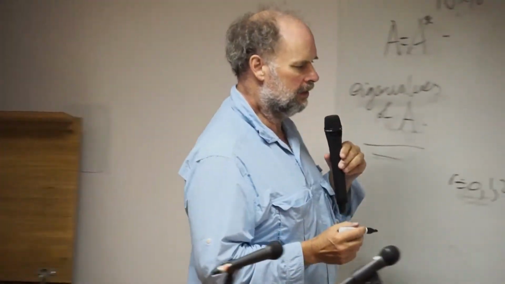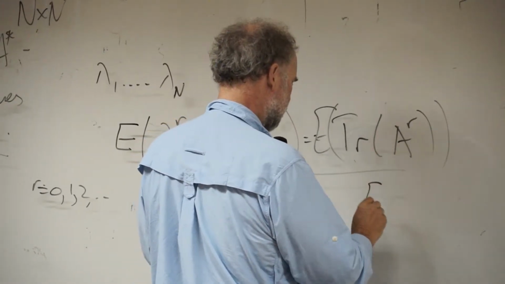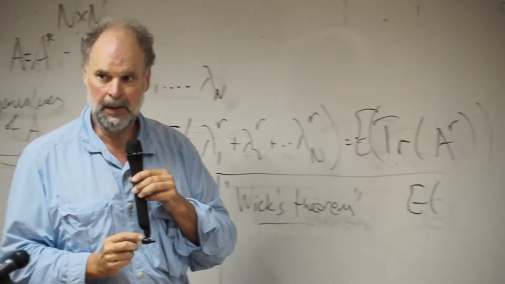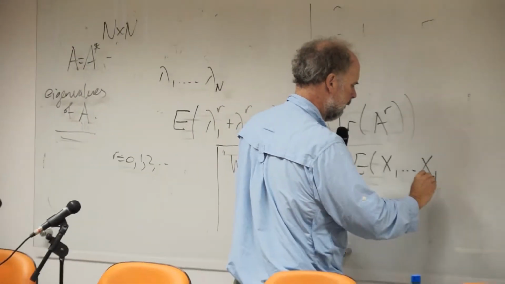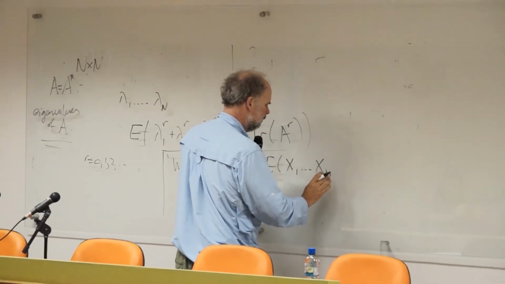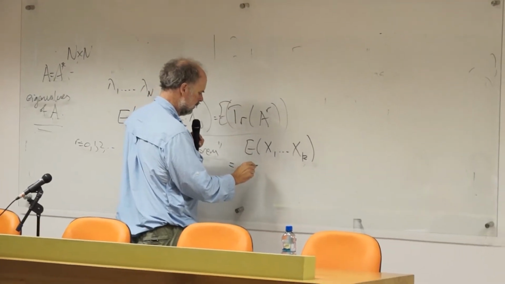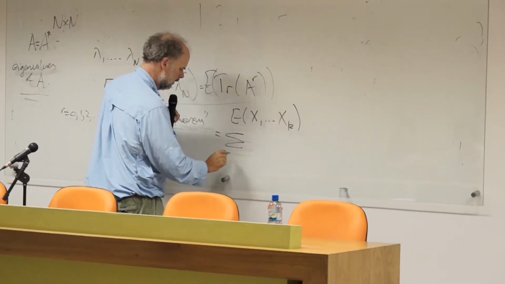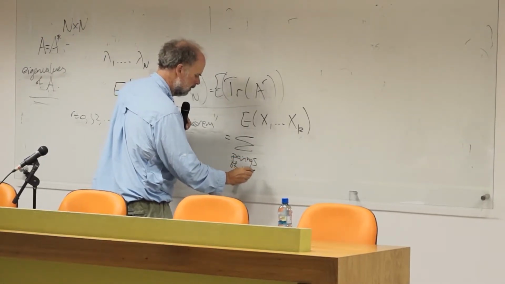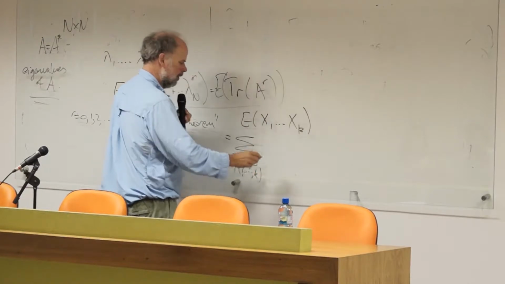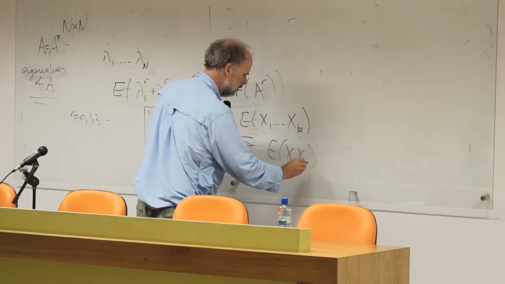And Wick's theorem applies to independent Gaussians, and it says that the expected value, if we have a bunch of independent Gaussians, let's call them x1 up to xk, is equal to the sum of all of the pairings of the set 1 up to k, of E of xi x pi(i).